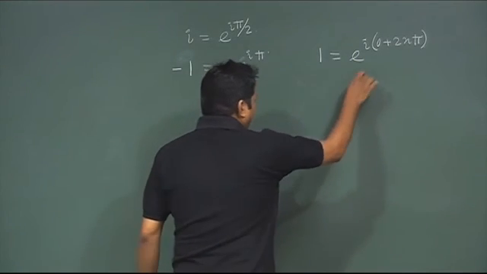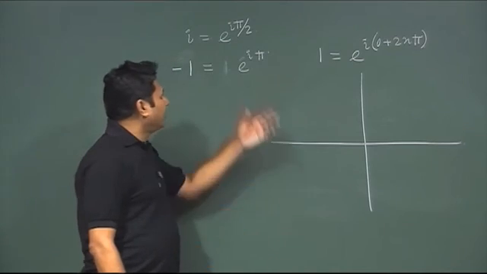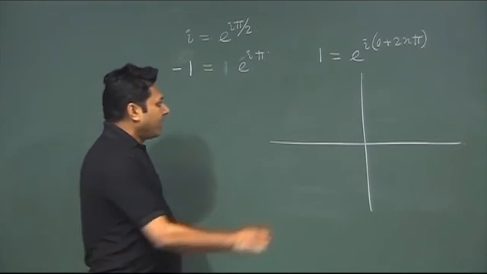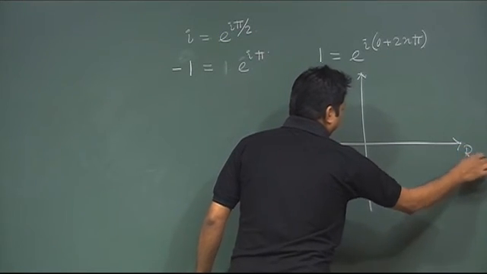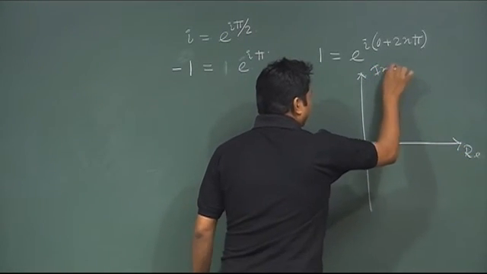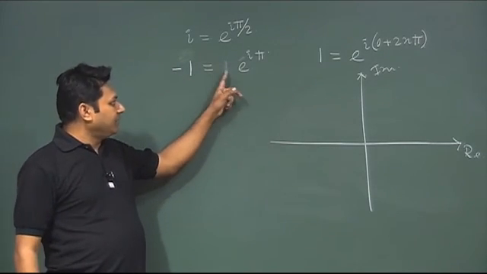If you have this point here, I always do this because when you have a complex number, you should try to find out its location in this complex plane. When you have the location of this point in the complex plane, then you will have the idea of its amplitude and its value.